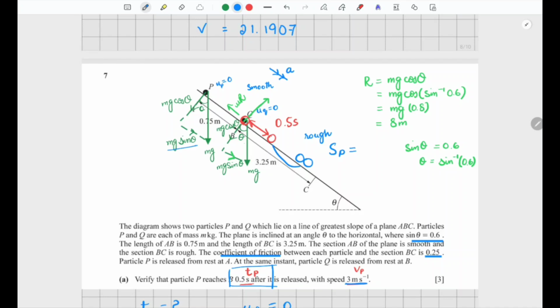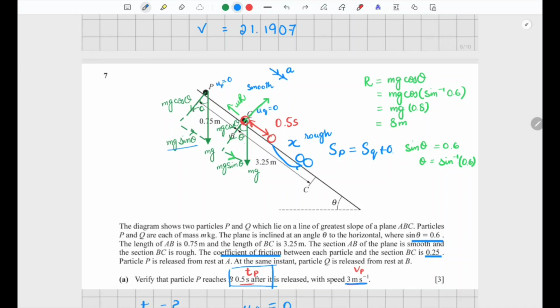Q moves from here to here, for example X distance, then P will move X plus 0.5. So SP equals SQ plus 0.5. SQ just moves from here to here, but P is going to move 0.5 meters more than that.